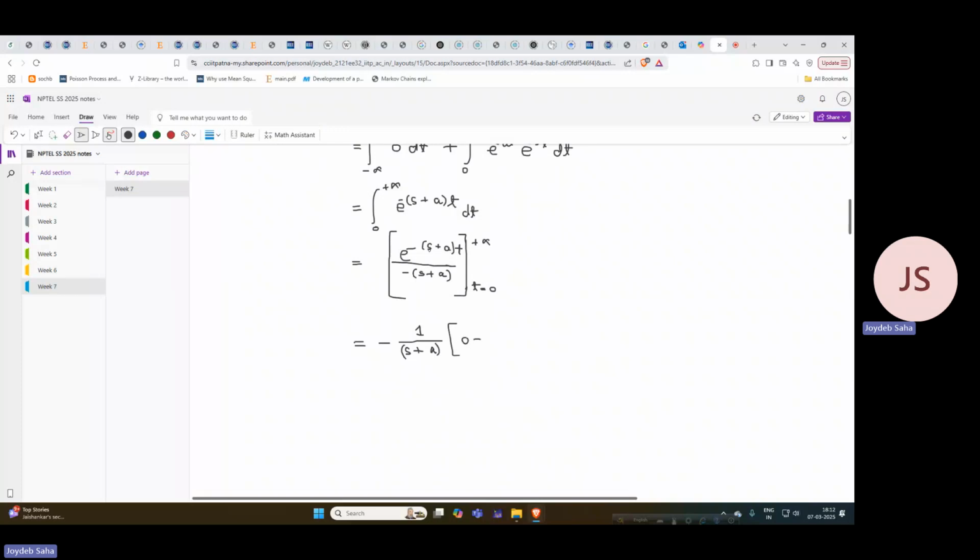If we put 0, then this is e to the power 0, that is 1.